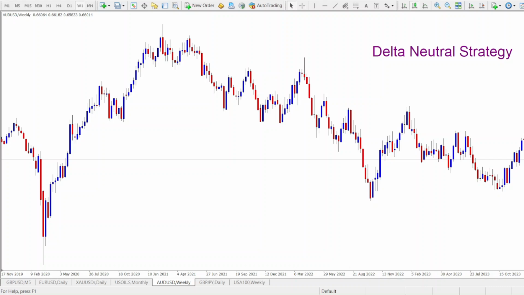So why would a trader want to go delta neutral? First and foremost, it's all about risk management. Remember that risk management is very, very important, because if you do not observe proper risk management, then you might not be profitable in the long run.